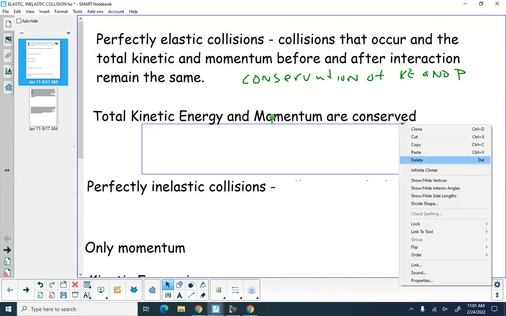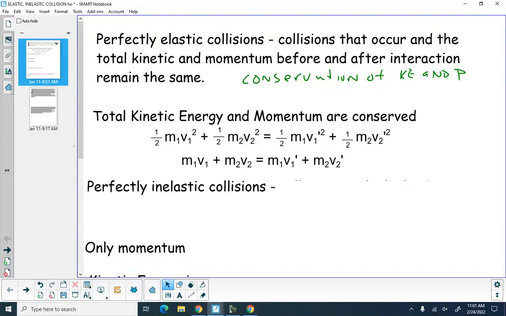And once again, your total kinetic energy and momentum are conserved, which means 1/2 m1v1 squared plus 1/2 m2v2 squared is equal to the exact same things after collision. Once again, your prime means your velocity after collision. Or m1v1 plus m2v2 equals m1v1 prime plus m2v2 prime.